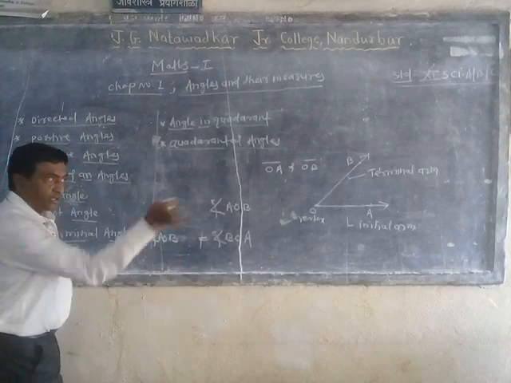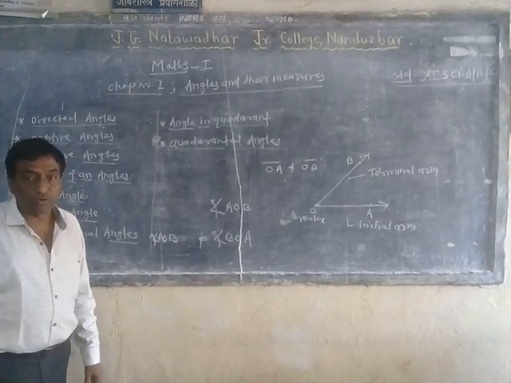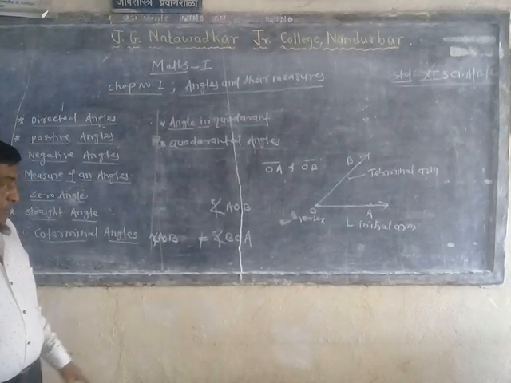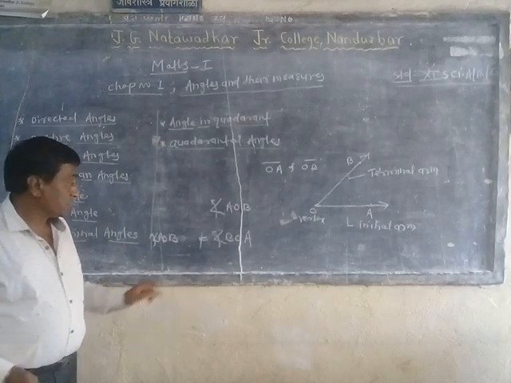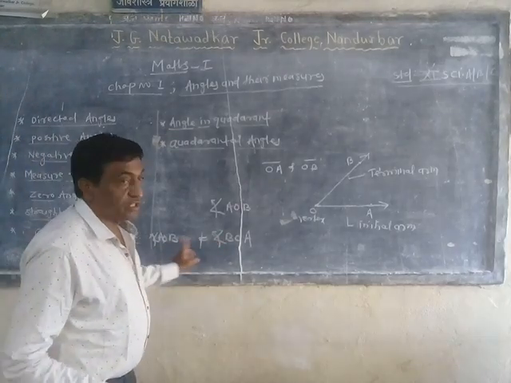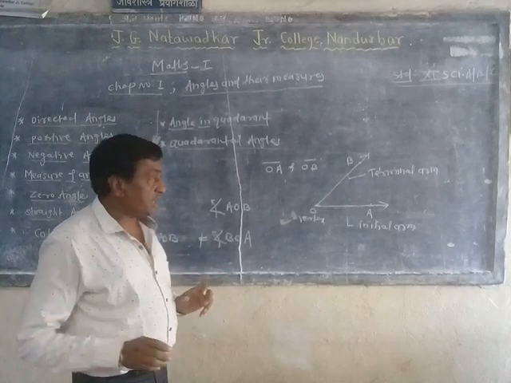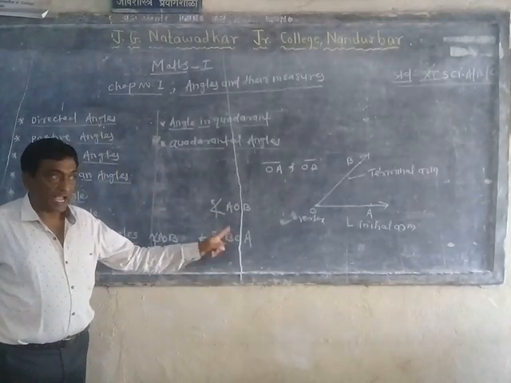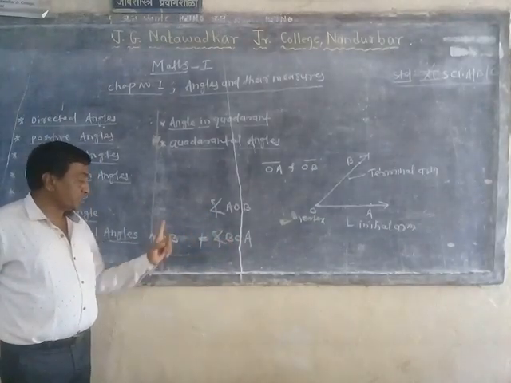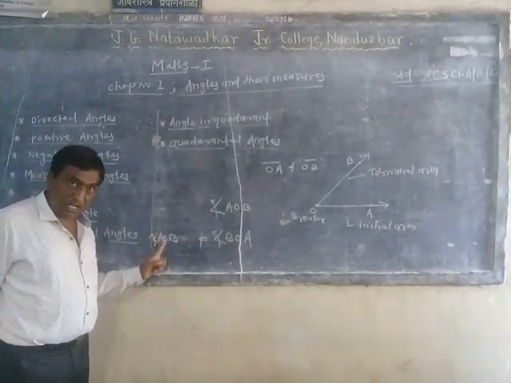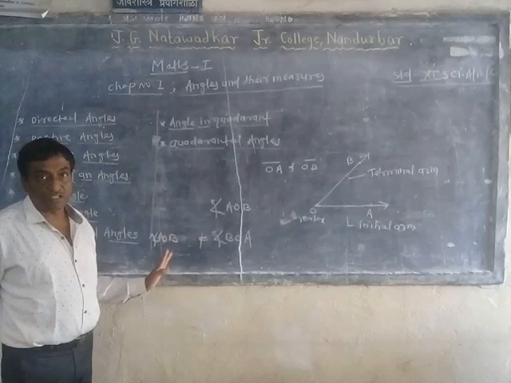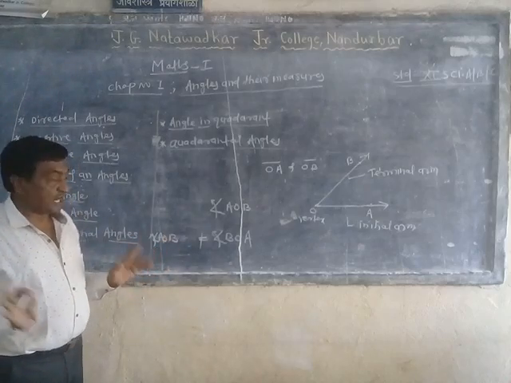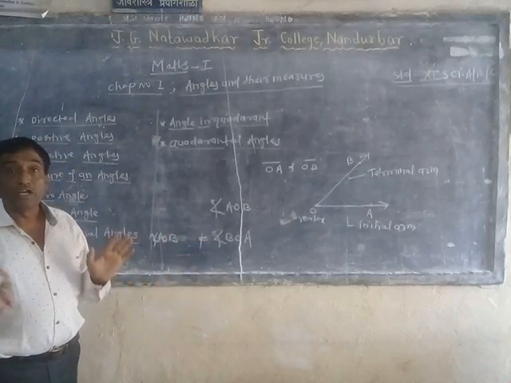Directed angle AOB is not equal to directed angle BOA. Why? Because in these two angles the initial arm of one is the terminal arm of the other, and the terminal arm is the initial arm. Since they are different, these two angles are not equal.